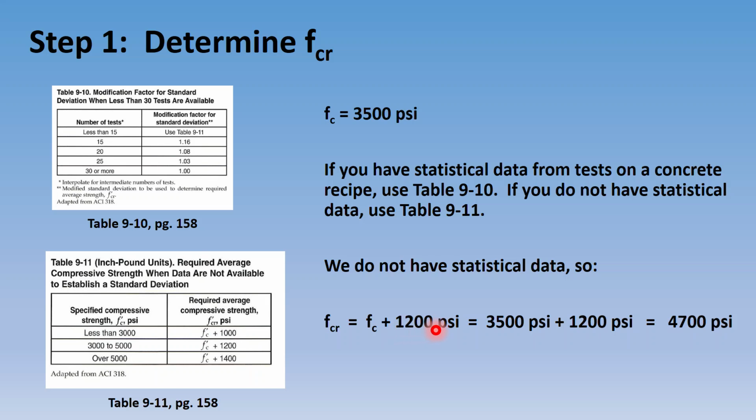So 3,500 PSI plus 1,200 means we're going to be actually designing for 4,700 PSI concrete to guarantee that we'll achieve our 3,500 in conditions after it's released to the public.